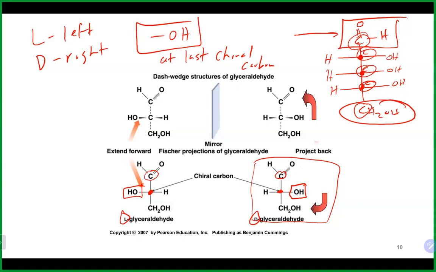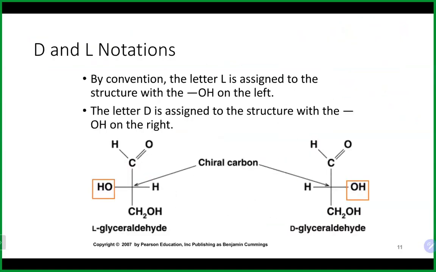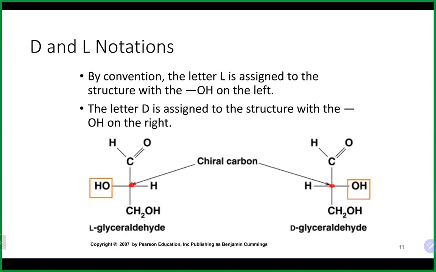Any questions on that there? As I just mentioned, our D and our L, depending on which side. And again, a reminder that those intersection points are carbons here. All right.